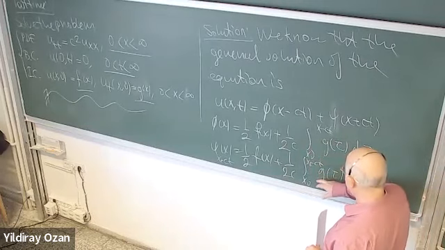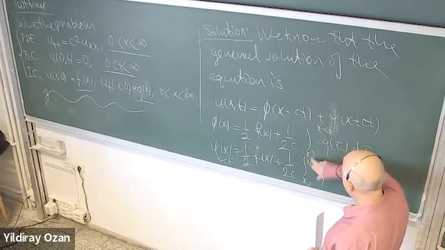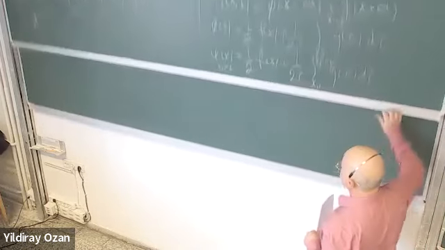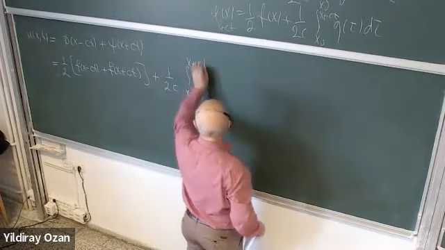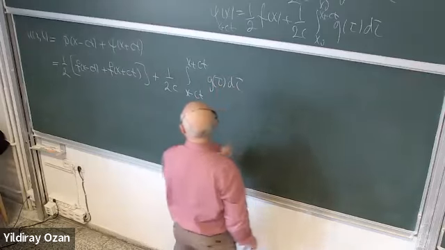So we will get the integral from x minus ct to x0, and then you have this. When you add these two integrals, you will get this, g tau d tau.